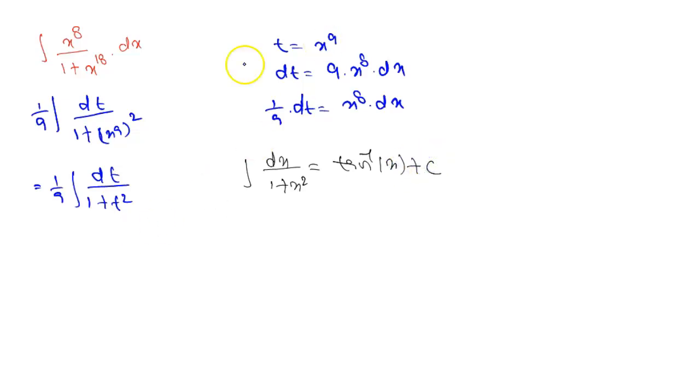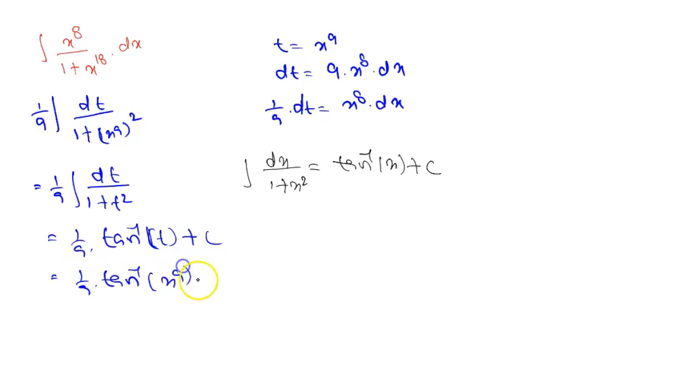So applying the formula, 1 by 9 times tan inverse of t plus c. But the t value is x power 9, so that is equal to 1 by 9 into tan inverse of x power 9 plus c. This is the answer for this question.